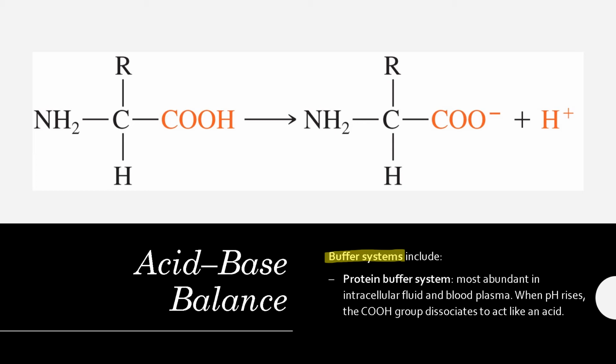Now we're going to talk about three main buffer systems that our body uses in the blood. So the first one here is going to be the protein buffer system. Then the next one is the carbonic acid-bicarbonate buffer system.